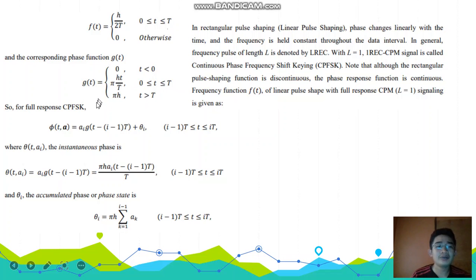If g(t) is equal to 0, then t is less than 0, while g(t) with respect to t is equal to pi times h times t over capital T, where small t, which represents the time, should be greater than or equal to 0 but less than or equal to capital T. And this is the full response CPFSK formula.